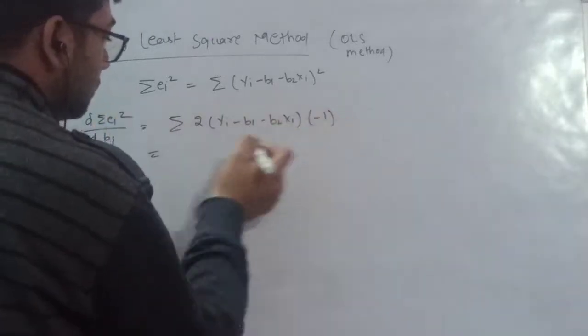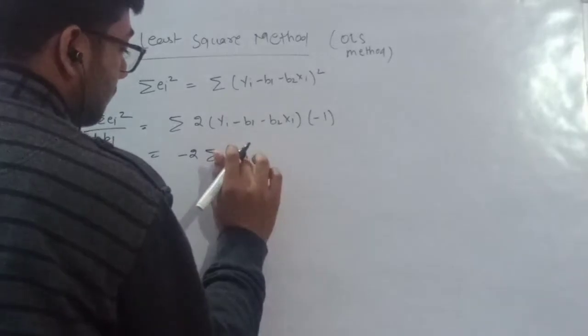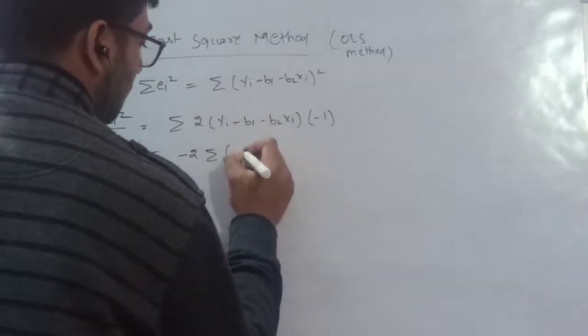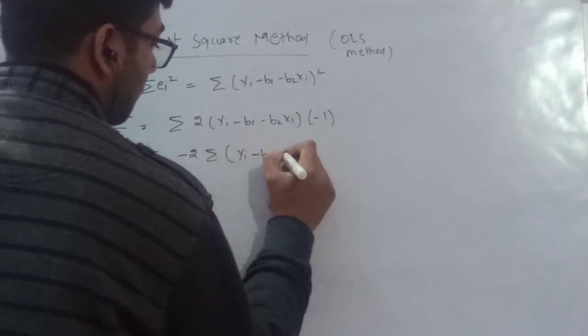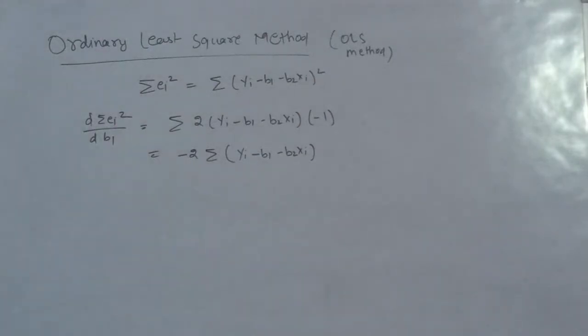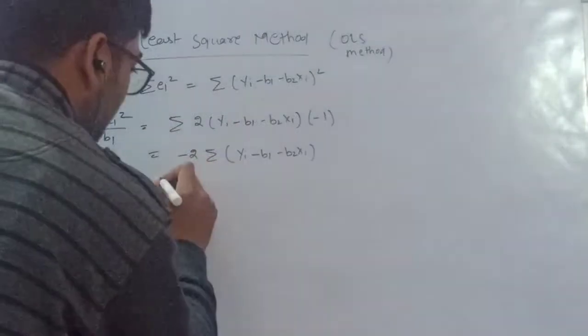So minus 2 will come outside and the summation will be of Yi minus b1 minus b2 Xi, and what is Yi minus b1 minus b2 Xi? Ei.